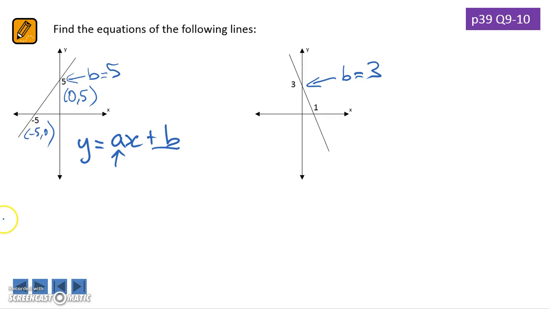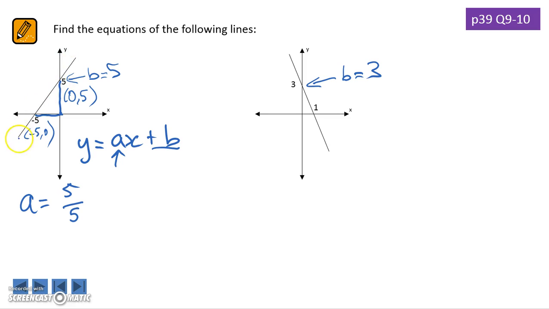Or you could go back to the step before that where we worked out our rise. So there's 5 units there, and our run, there are 5 units there.